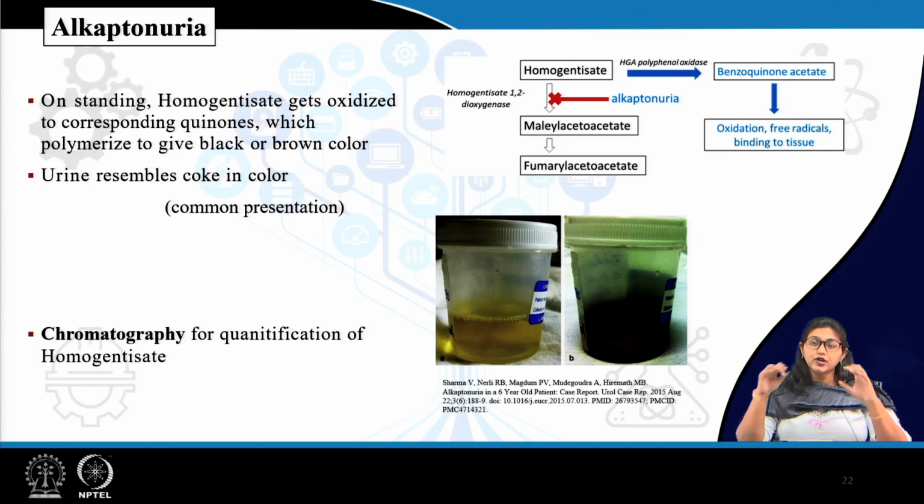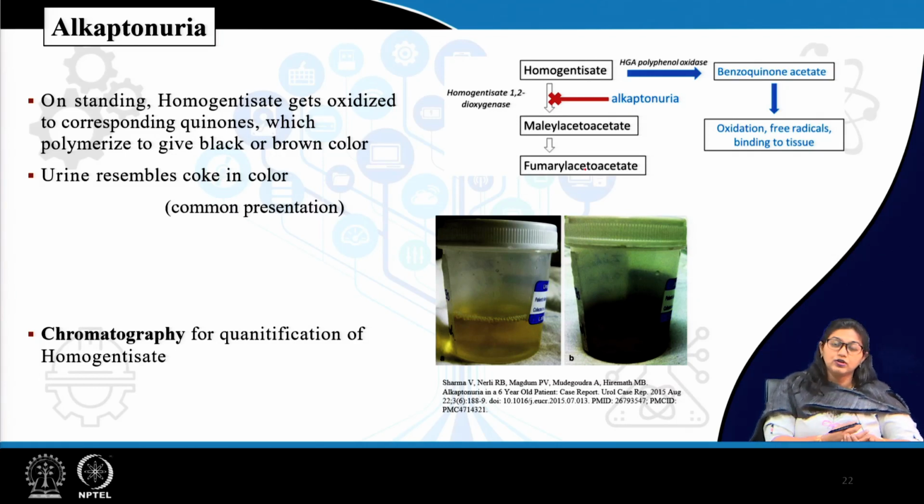Because this is an inborn disease, babies are affected. So, the commonest complaint from the mothers is that the diaper or the inner garments are colored black, because when they are stained with urine, the urine turns black or coke in color. You can see this urine, while kept for a long time, has turned black.